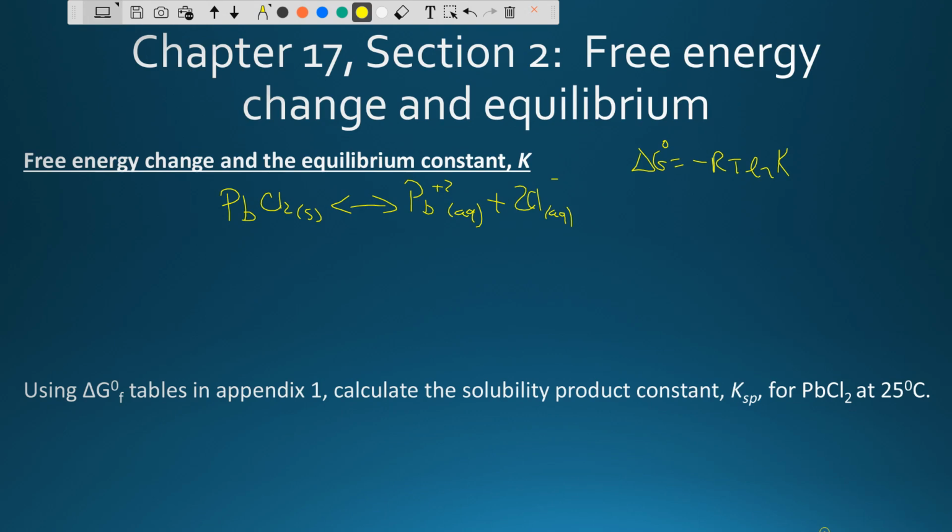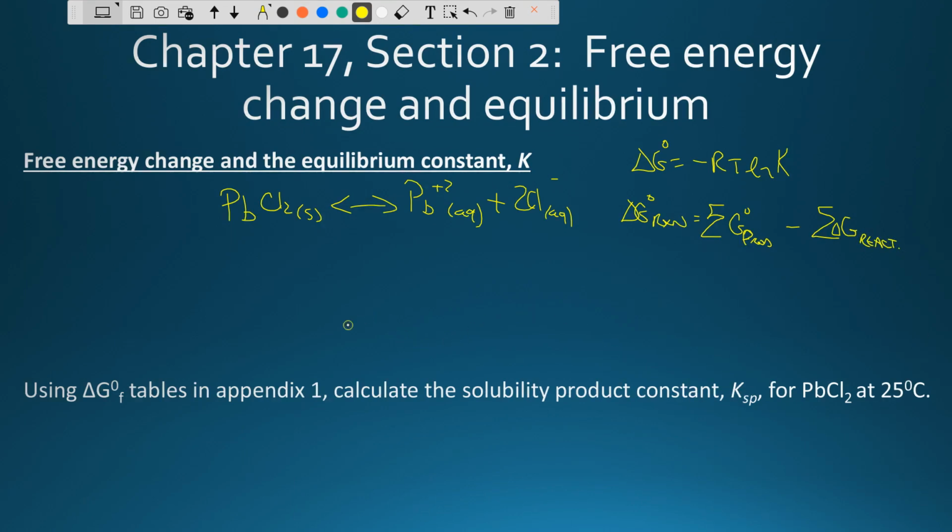And so we want to calculate that out. And so remember that my delta G of the reaction is going to be the summation of my G of my products minus the delta G of my reactants. We've been doing this all along, haven't we?